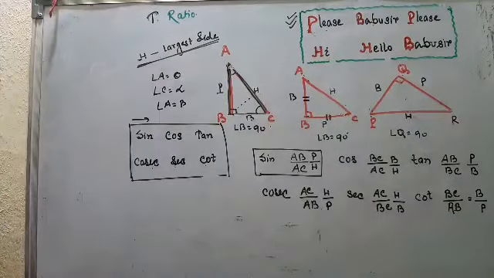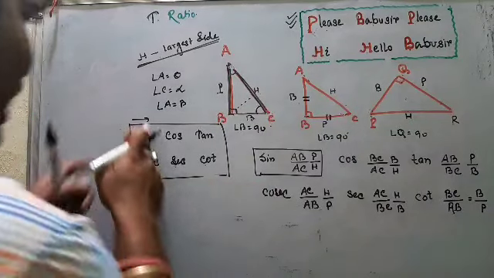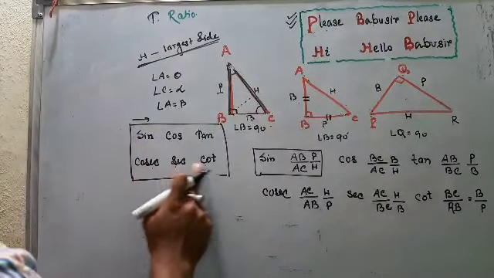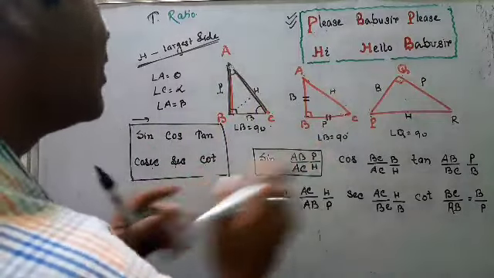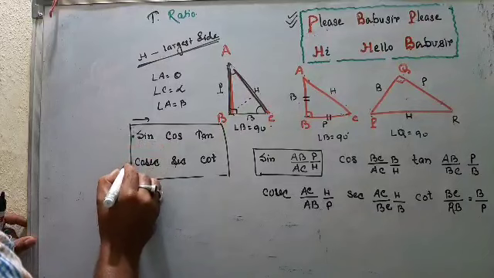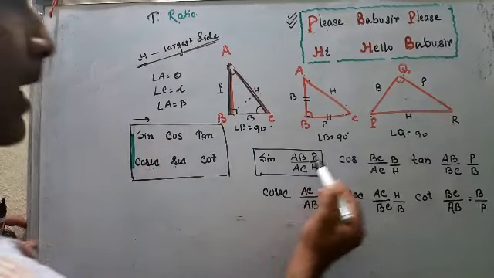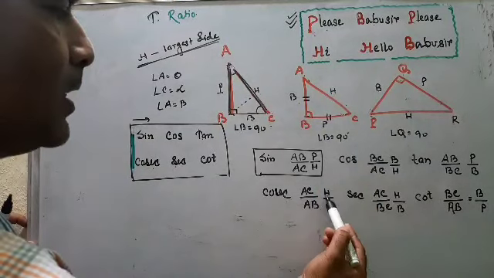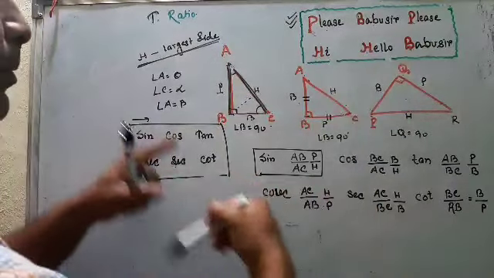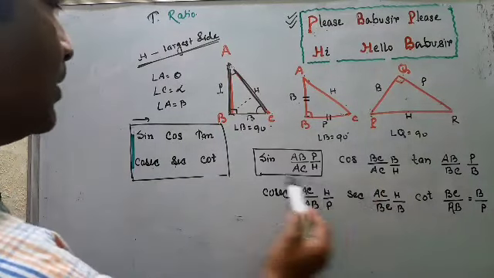So from here you can easily understand why I write like this: sine, cos, tan, cosec, sec, cot. You have to memorize easily, that's why. You can easily now say between sine and cosec there is a relationship. Because sine is P by H, then cosec is H by P, just reciprocal. Cos is B by H, then sec is H by B, just reciprocal.